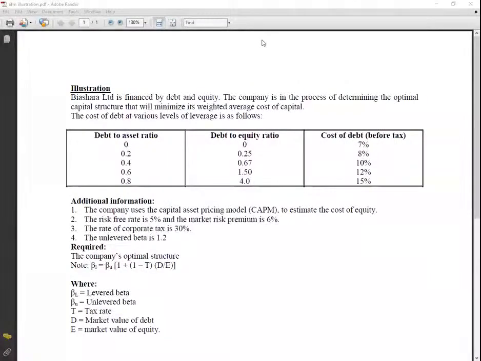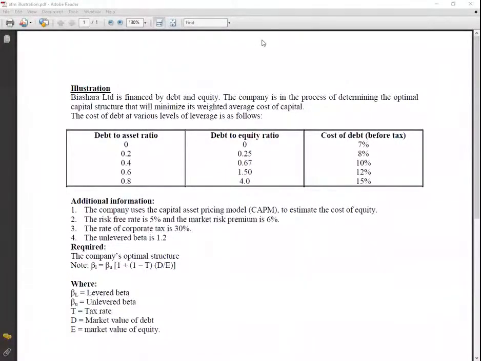The risk-free rate is 5% and the market risk premium is 6%. The rate of corporation tax is 30%. And then they've made a big mistake. They've given us what we call the unlevered beta, which is 1.2.